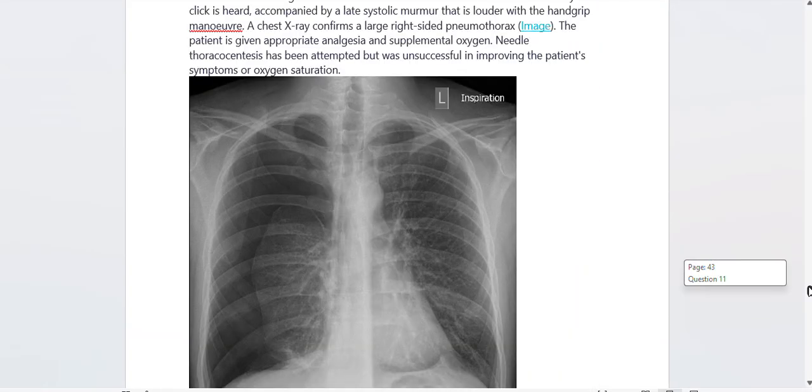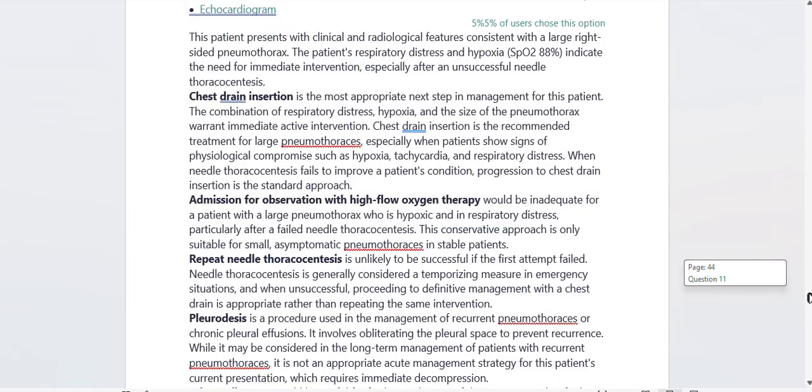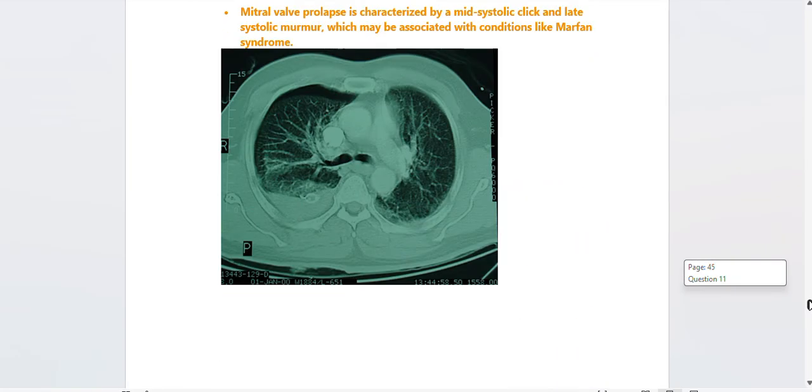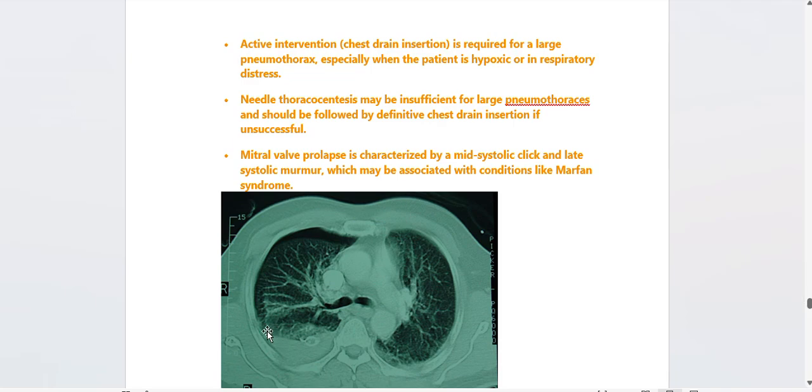Okay, that is the most important thing. In all these scenarios, we already discussed that. In this scenario, the patient has hemothorax as well as pneumothorax, as you can see. And this is fluid. If the patient is stable, no need to do anything.